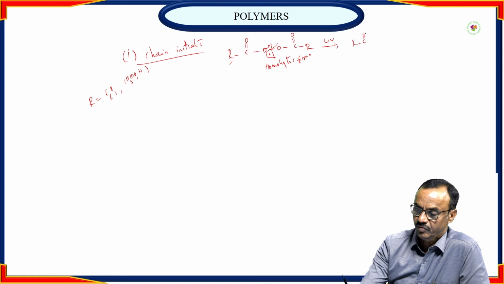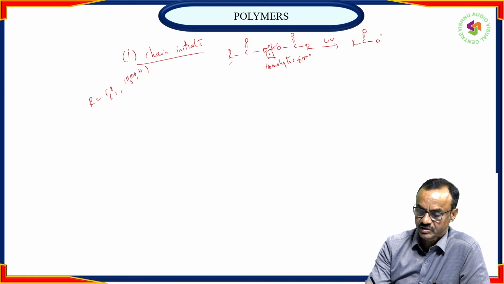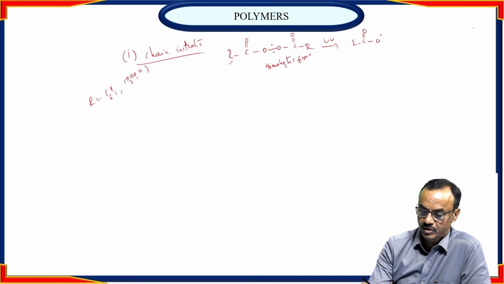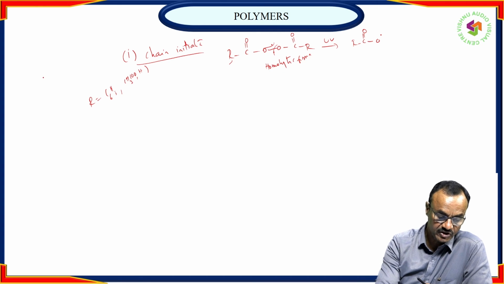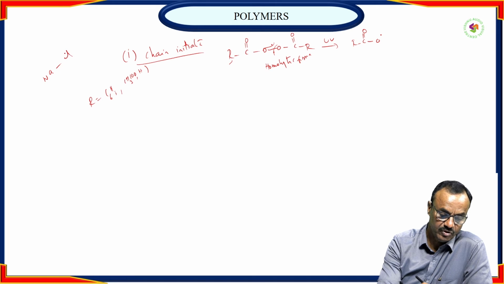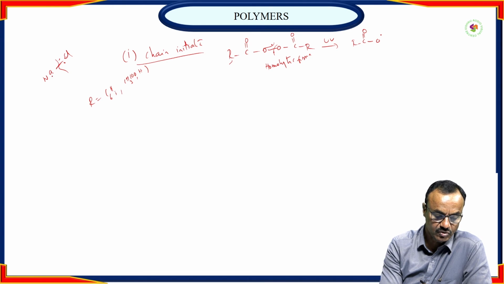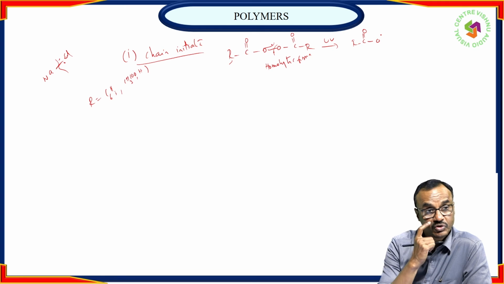RCOO dot means this electron, and 2 electrons are there. The electrons are distributed equally while breaking, because it is the same bond. In heterolytic fission, take NaCl: 2 different atoms are there, and Cl is more electronegative, so the bonded pair is very close to Cl.